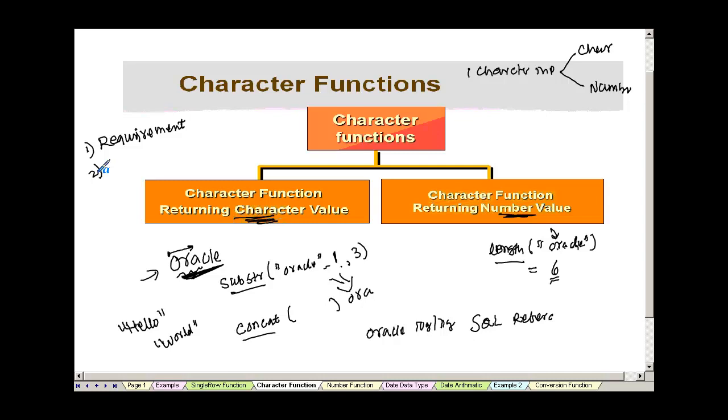If there is a function, then use that. That is how I came to know about substr, concat, and length. What we're discussing here is single row functions, and right now we are discussing character functions, and we described various character functions.